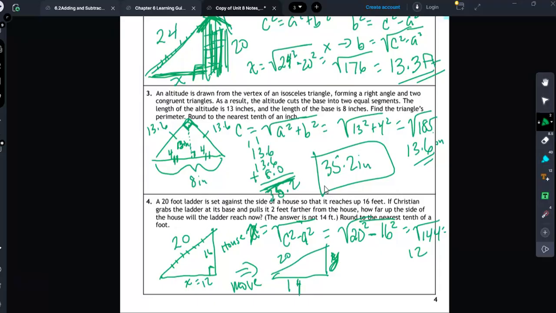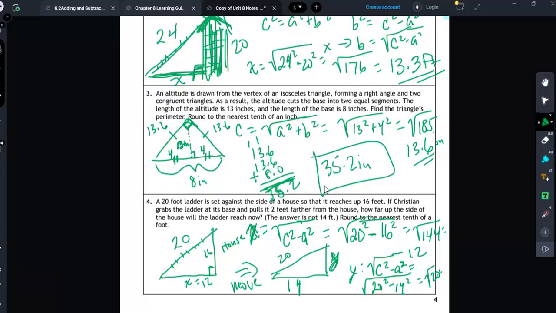So we're still using this. We'll have y equals the square root of c squared minus a squared. Our c is still 20, right? So we still have 20 squared minus 14 squared. 20 squared minus 14 squared is 204.